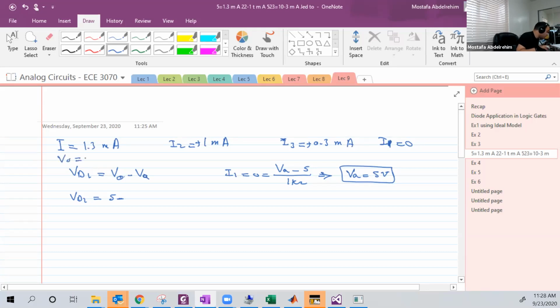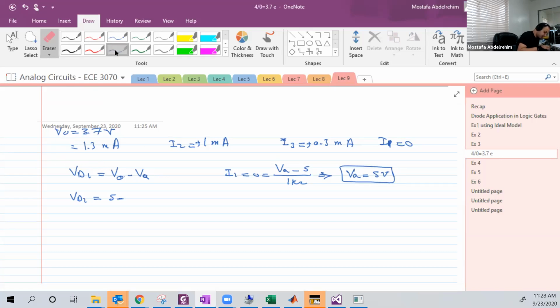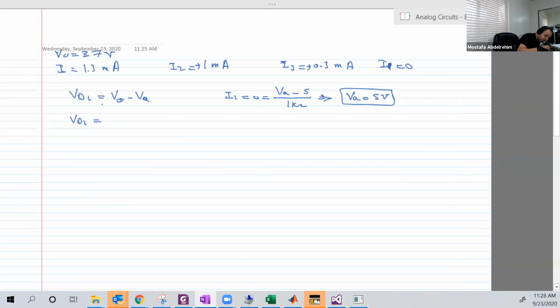And VO, we didn't write it. If you do the calculations, you will find that VO is equal to 3.7 volts. And based on VO, you can calculate all the currents. So VD1 is equal to VO, which is 3.7, minus VA, which is 5.